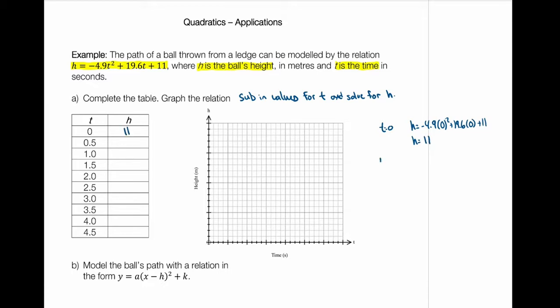If we want to do the next one, t equals 0.5, we get h equals negative 4.9 times 0.5 squared plus 19.6 times 0.5 plus 11. And we repeat this pattern. Let's see what we get for h.